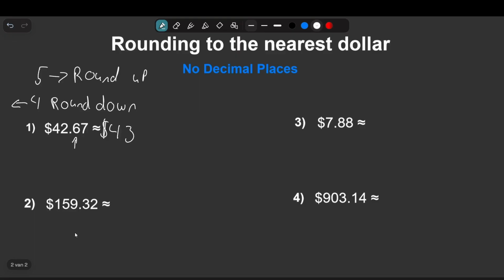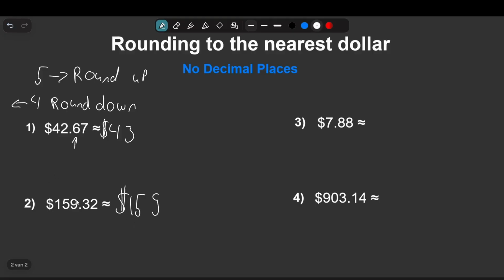To see if we are rounding up or rounding down, again we're going to look at our tens place. Is our number higher than a 5 or lower than a 5? We see we have a 3 right here, and a 3 is 4 or lower. This means we are rounding down. So for our end, we will get $159 exactly.